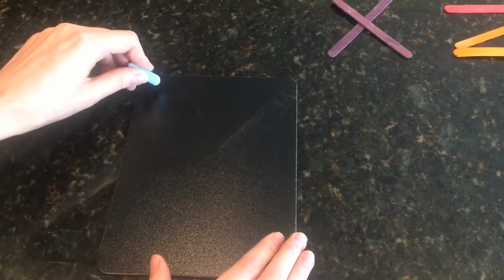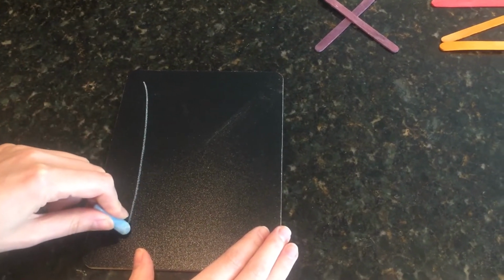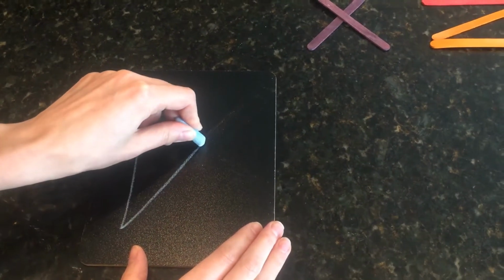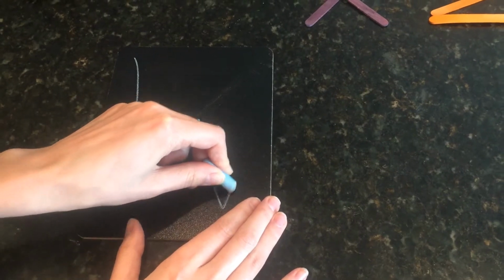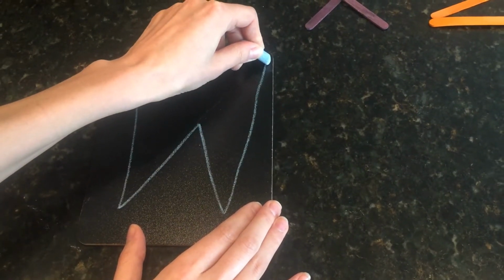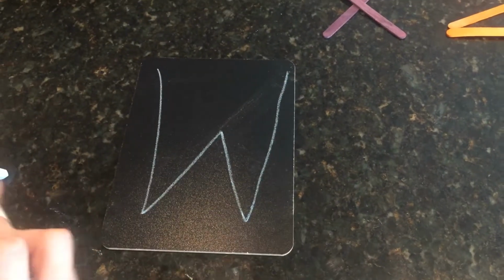So our letter W, we start at the top corner, go down, a diagonal line up, a diagonal line down, and another line going up. Letter W.